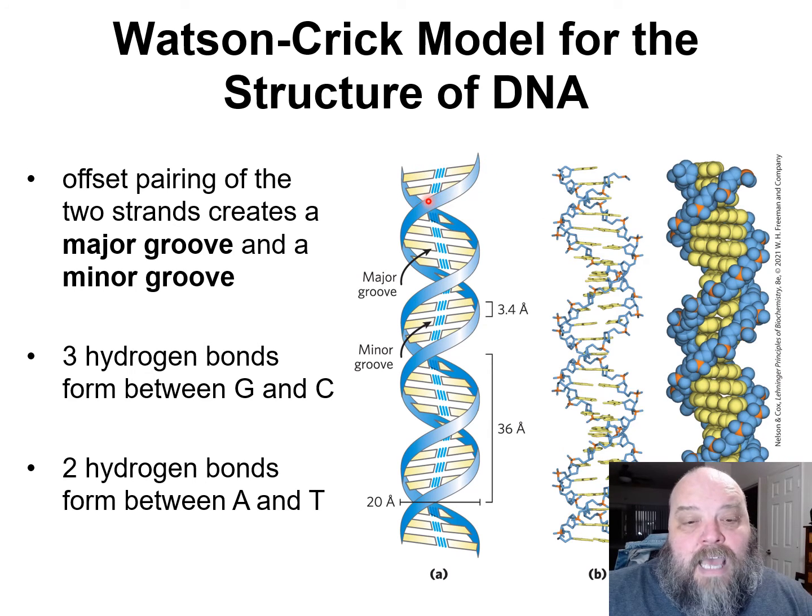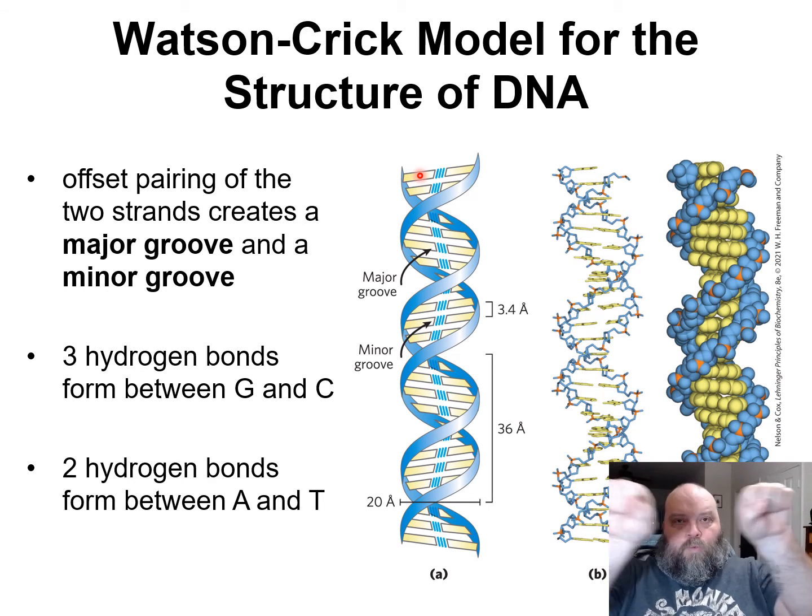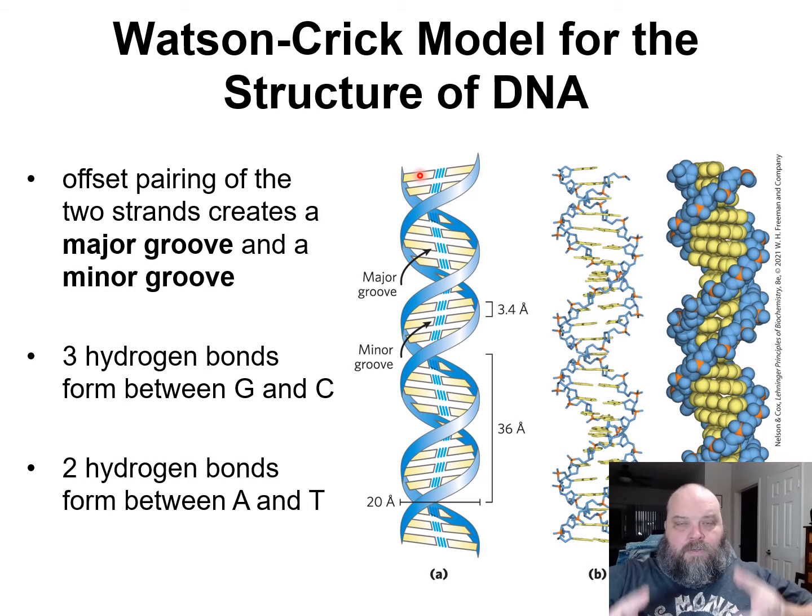If you look at this end on, the ribbons you see here are the sugar phosphate backbone. To picture this in your head, think of a ladder, okay? The rungs, and then you got the risers.